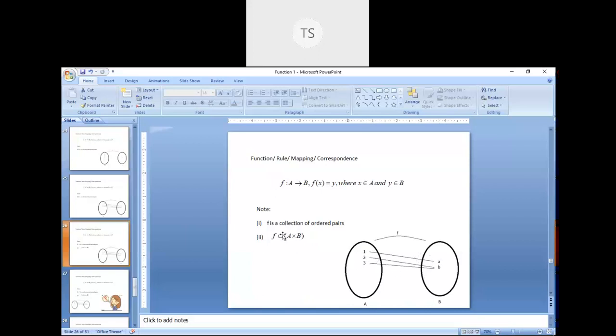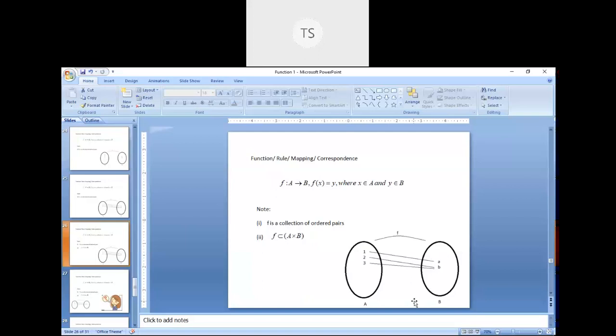But here, as a function, I have taken only 1a, 2b and 3b. I have not considered 1b, 2a and 3a. So that's why function is a collection of some particular ordered pairs of the Cartesian product A and B. So that's why function is always a subset of A cross B.